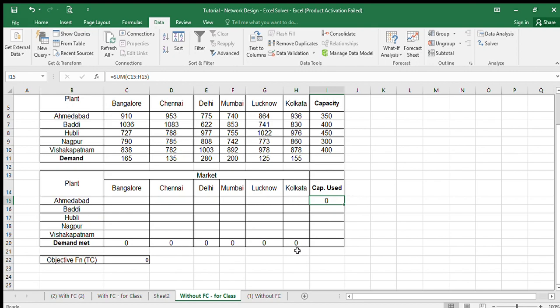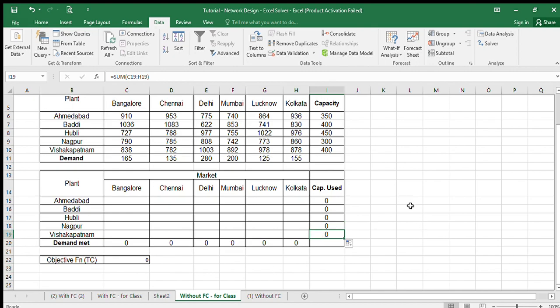That means the total quantity produced at Ahmedabad will be given in this cell. Again, I am copying this down for the other plants. This gives the total produced at Badi, Hubli, Nagpur, and the last one for Visakhapatnam.